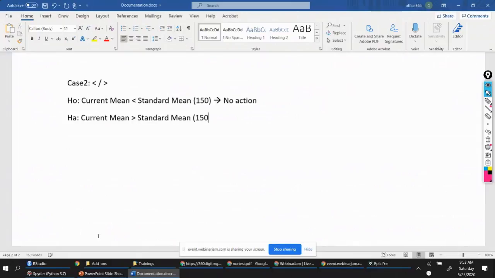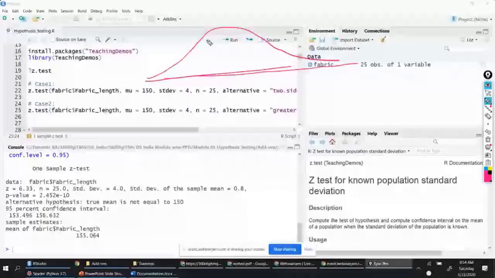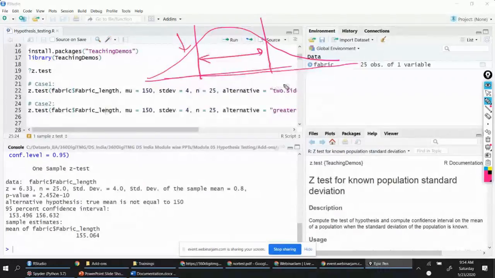What is that action? We'll come here, and if you observe, the alternative hypothesis is saying this is your 95% confidence, and you're saying the null hypothesis is less than 150. The interval that you're getting, you say, right, this interval will be less than 150.